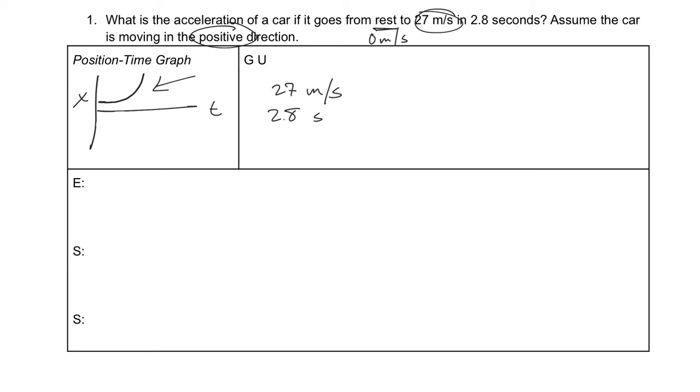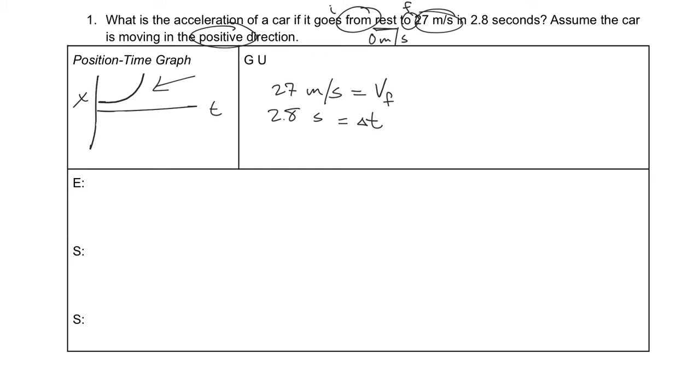So it starts at rest, to 27 meters per second. From always indicates the initial, to always indicates the final. So if it says from, that's the initial, to is the final. So 27 meters per second is going to be our final velocity. And then the 2.8 seconds indicates time, so that's our delta t.